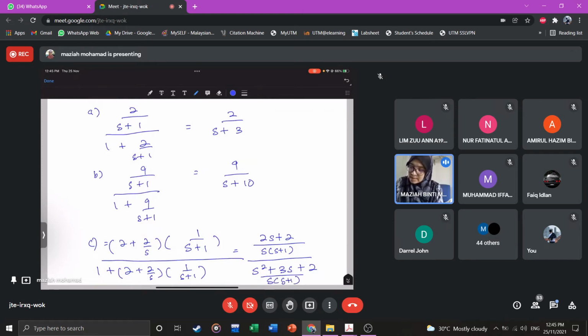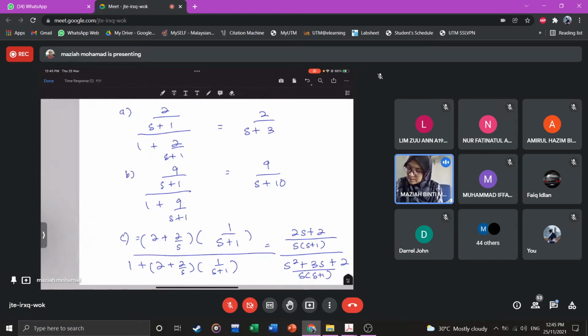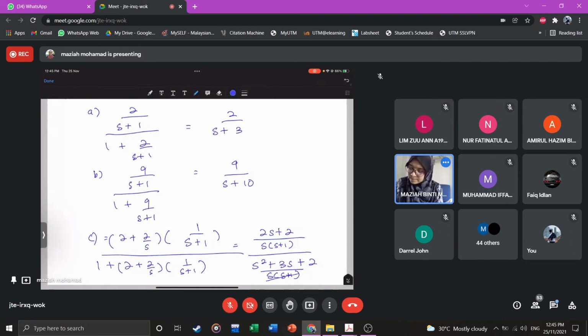Then we'll be able to cancel that. So the equation becomes 2S plus 2 divided by S square plus 3S plus 2, which is S plus 1 over S plus 1 times S plus 2.